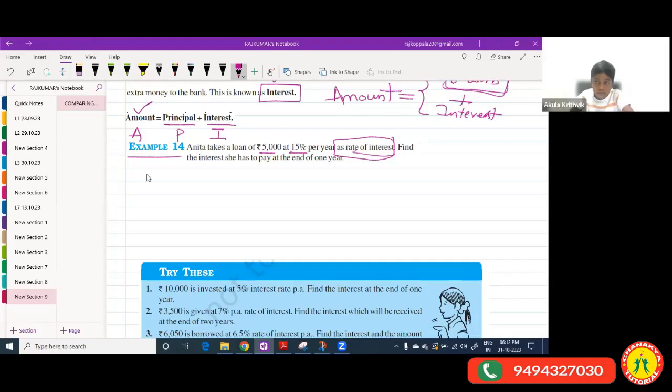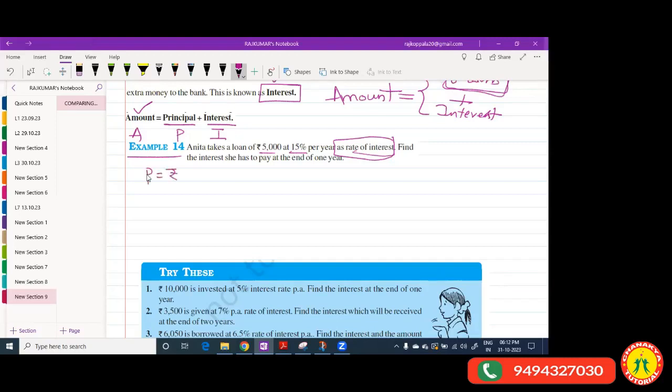So principal P is equal to 5,000. And this 15% is the rate of interest, which we will indicate as R. R means rate of interest, and R is equal to 15 percent. It is given in percentage.